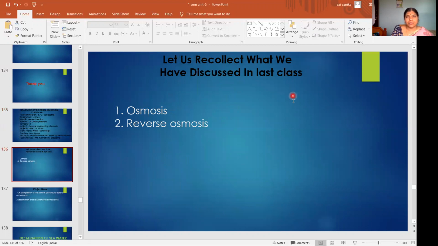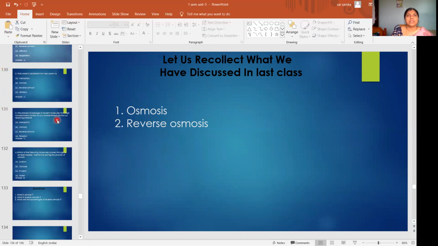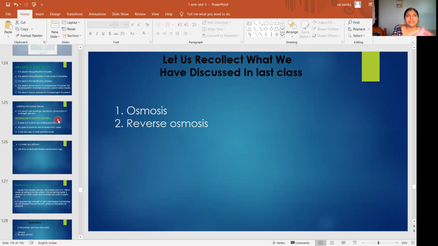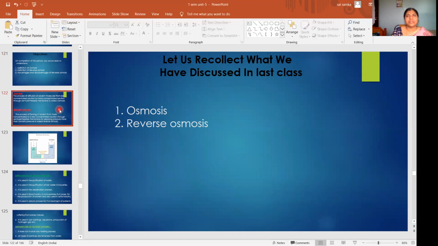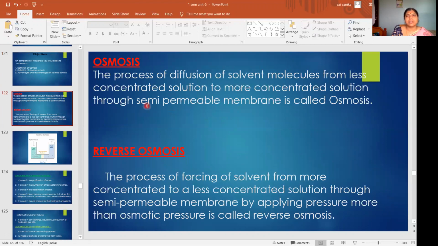Let us recollect what we have discussed in the last class. Osmosis and reverse osmosis. What is osmosis? The process of diffusion of solvent molecules from less concentrated solution to more concentrated solution through a semi-permeable membrane is called osmosis.